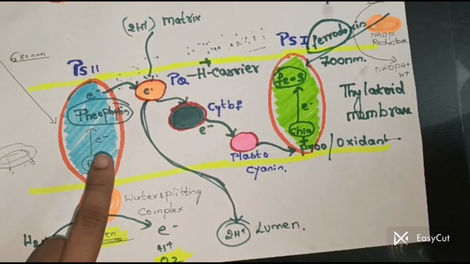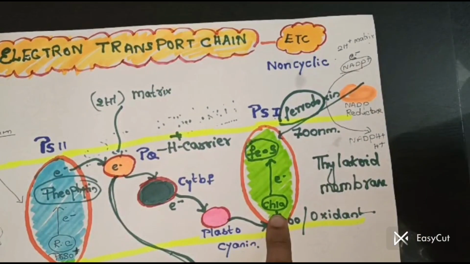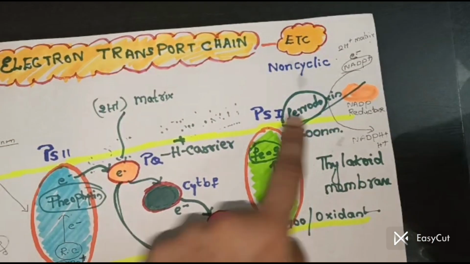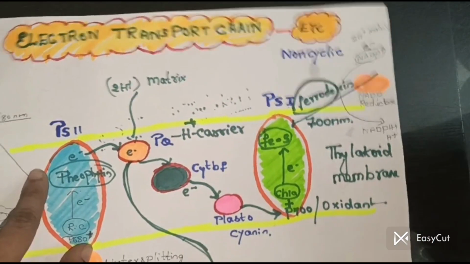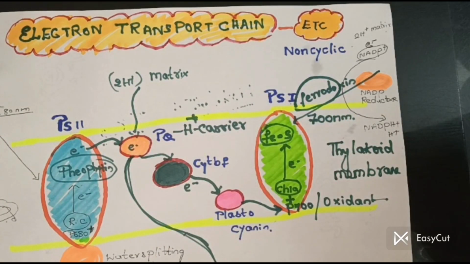What do you say? The electrons are contributed by the PS2 and transported to the PS1, and are utilized for the synthesis of NADPH but not returned back to the PS2. That's why I'm going to call this ETS non-cyclic ETS.